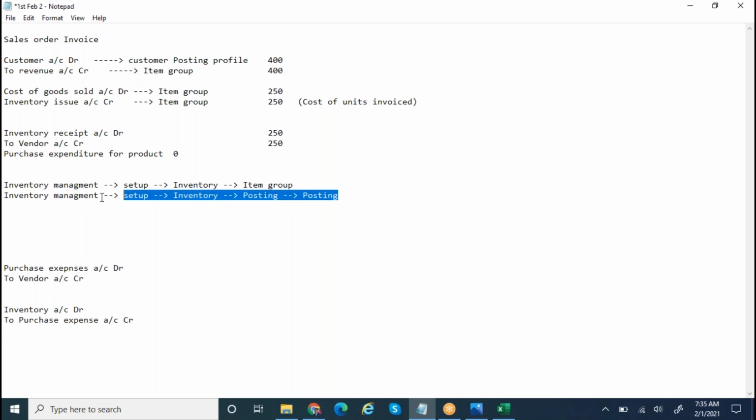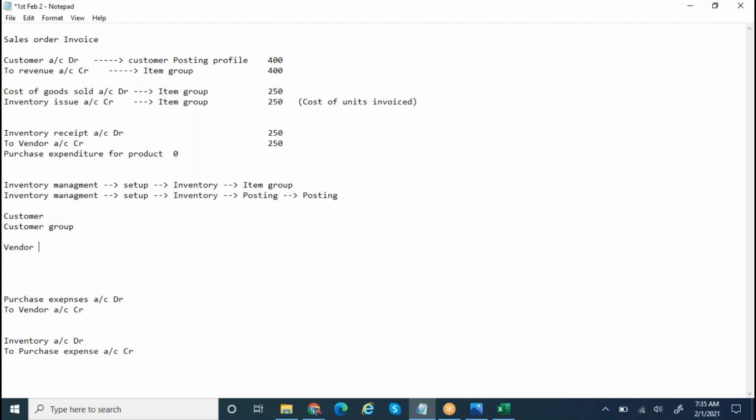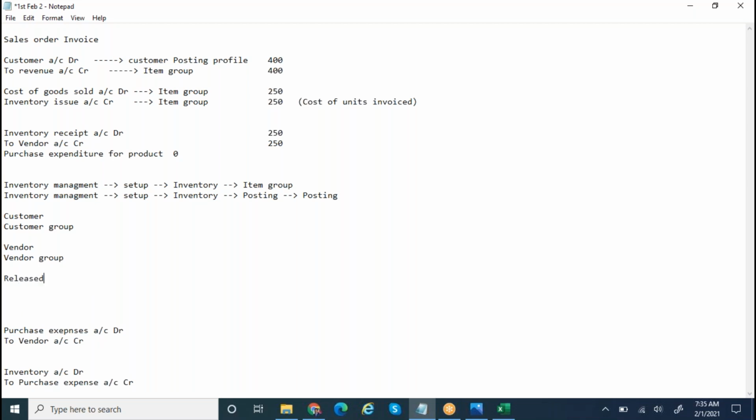The same thing you can open from a customer group also. You are able to open from the customer form. You are able to open from the customer group. You can open the same form from the vendor group, item, that is released product, and released product group, item group. This posting form can be opened.